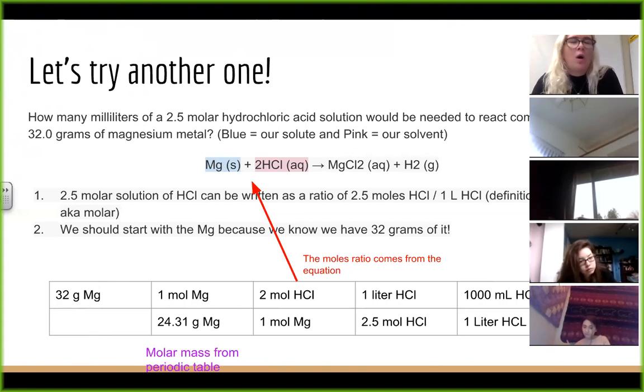All right, so give me a 1 in the chat if you have this written down. You're ready to start figuring out what to do here.